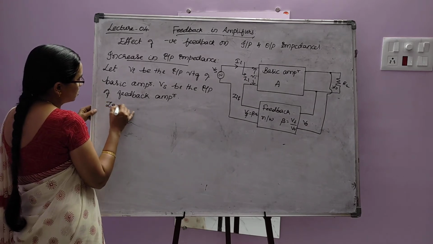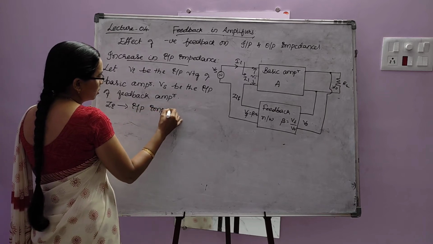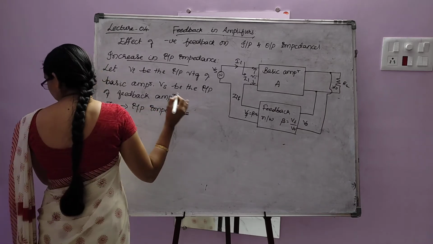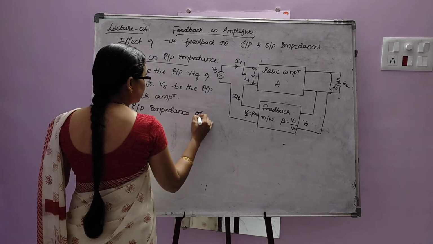Zi is the input impedance of the basic amplifier.